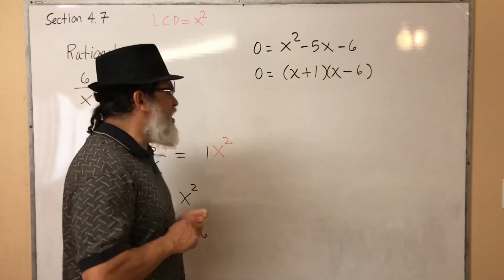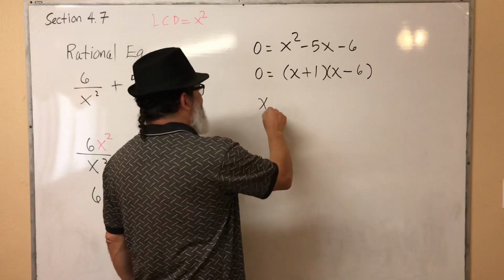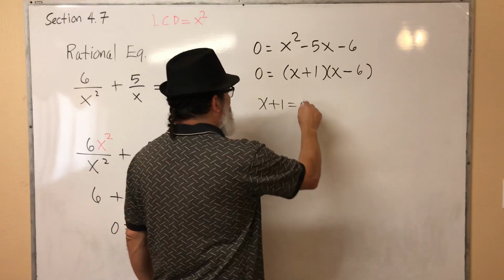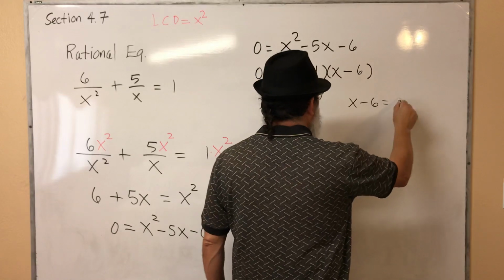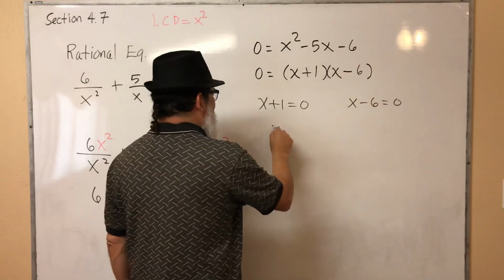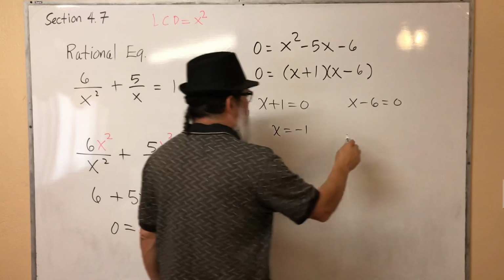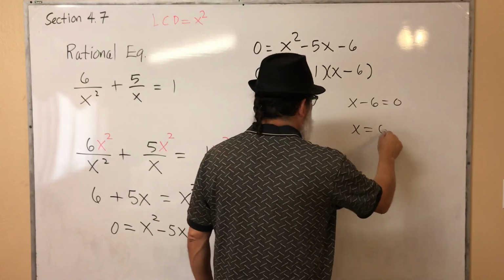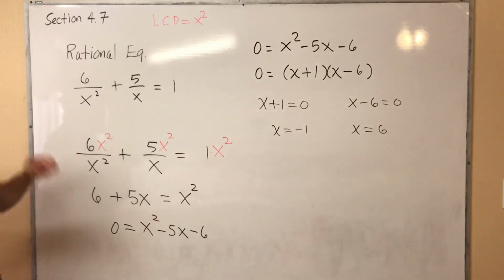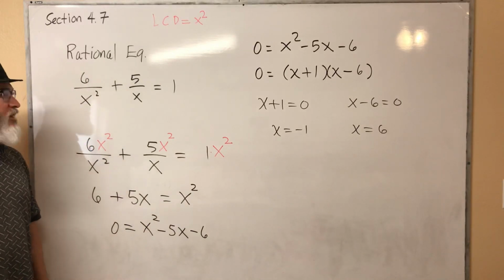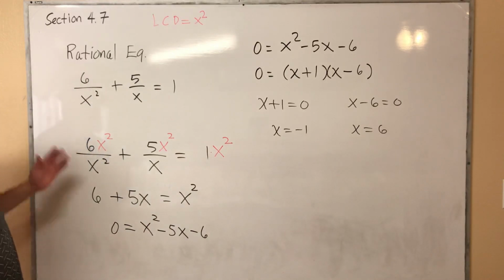And now we say x plus 1 equals 0 or x minus 6 equals 0. So x equals negative 1 or x equals 6. And we have solved this rational equation. Okay? This is section 4.7.